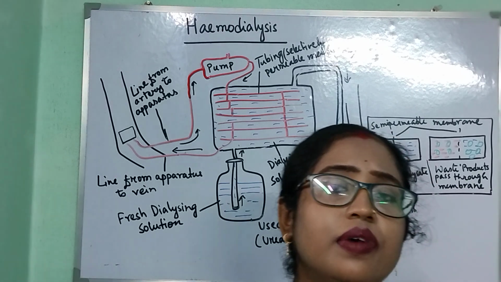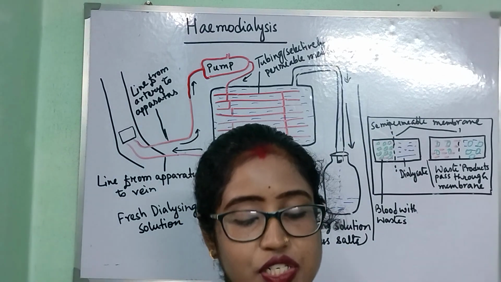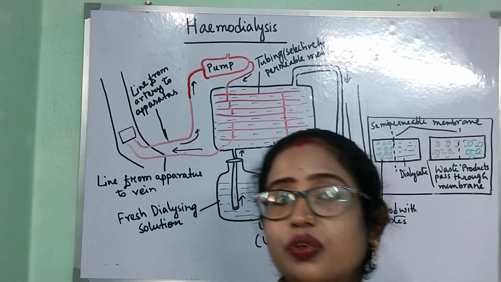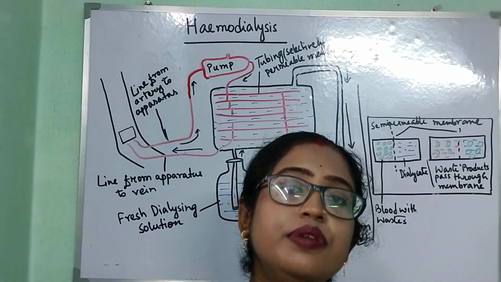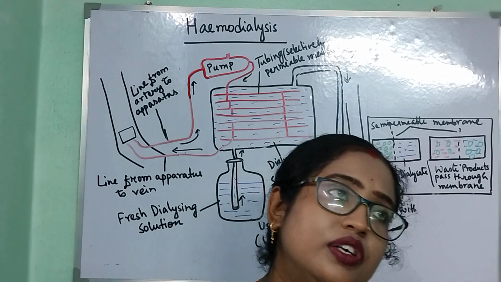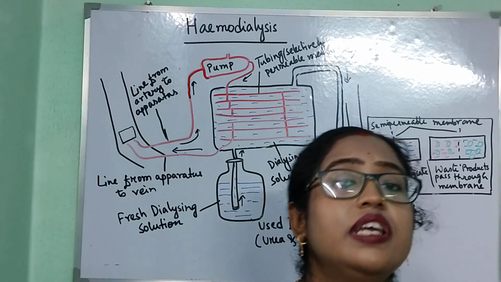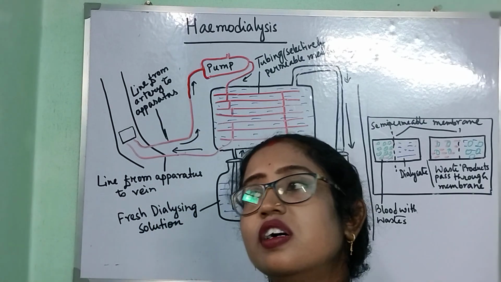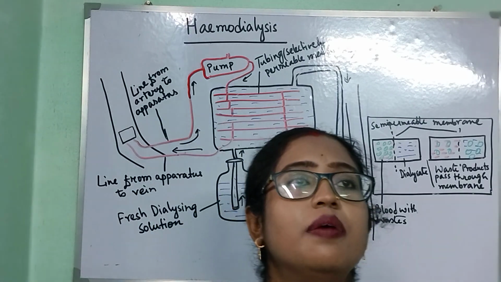There is a problem of kidney transplantation. The major problem is the lack of donors, because human beings fear to donate a kidney, but it is actually a social issue.